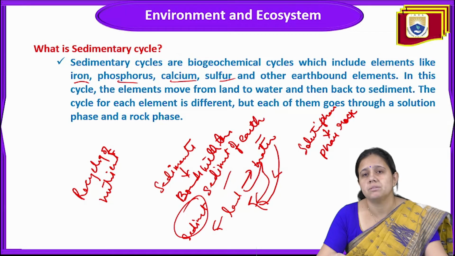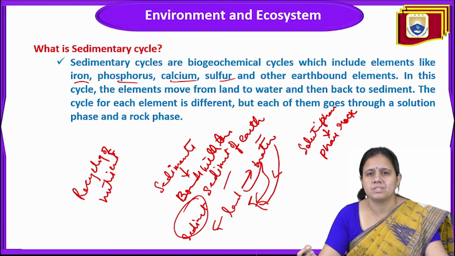Examples of the sedimentary cycle are the iron cycle, phosphorus cycle, calcium cycle, sulfur cycle, and all those elements that are earth bound, bounded with the earth. In this cycle the element moves from land to water and then back to sediments. The cycle for each element is different, but each goes through a solution phase and a rock phase.